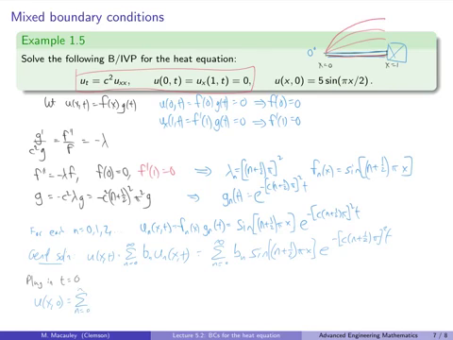The sum from n equals 0 to infinity of b_n sine of (n plus 1/2) pi x. We have to set that equal to the initial condition, which is 5 sine of pi x over 2.